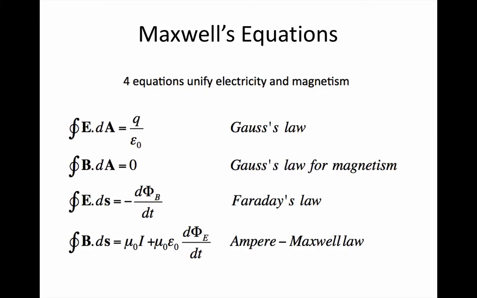So these are the four equations grouped together, the ones that Maxwell realized described all electromagnetic interactions in classical physics. Although he hadn't derived them all himself, they're often collectively known as Maxwell's laws.